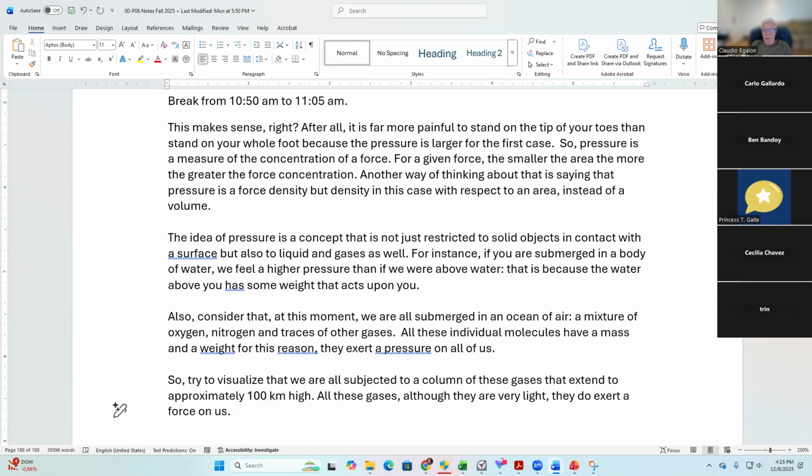But there are so many of these molecules that the force they exert is measurable.